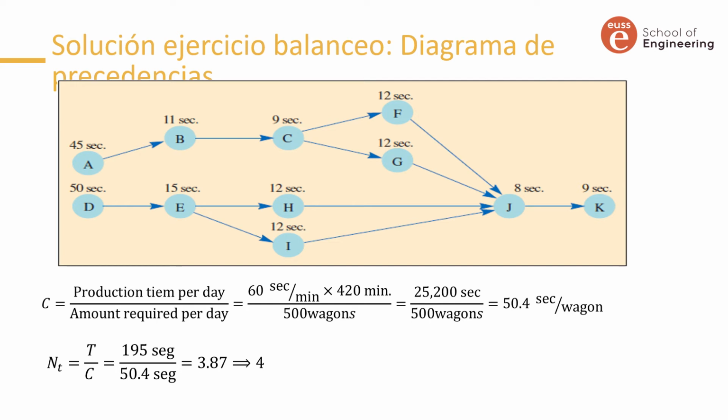It means that this example should have at least 4 workstations, as I discussed before. Based on this minimum theoretical number of workstations, we can't have, for example, 3 workstations. At least we should have 4. So let's continue the solution.